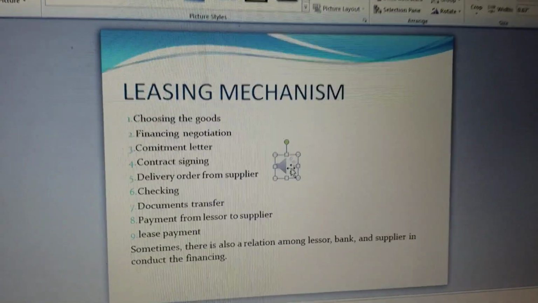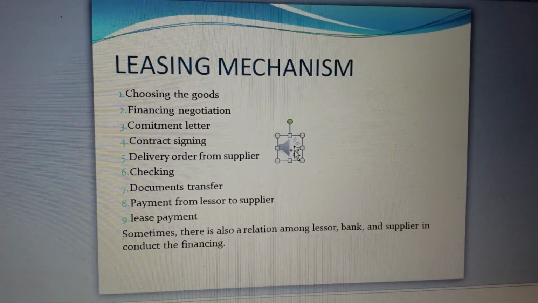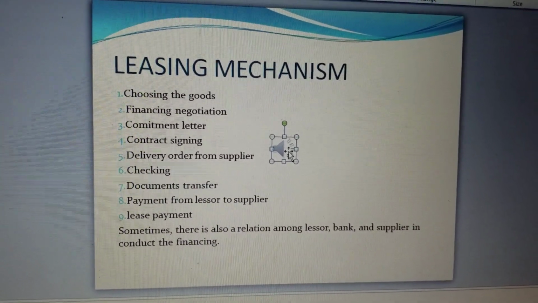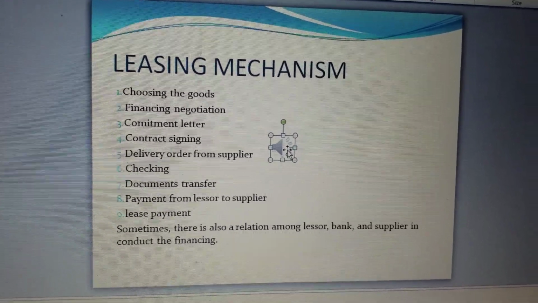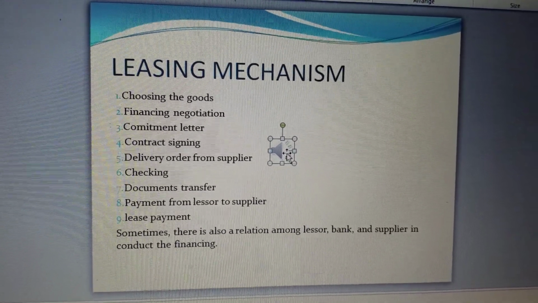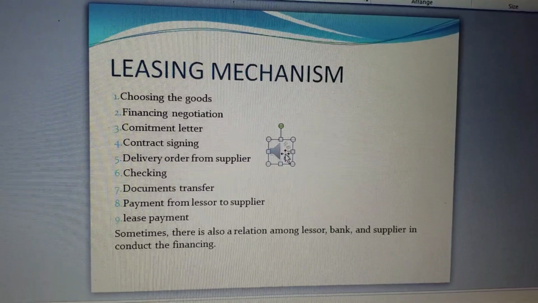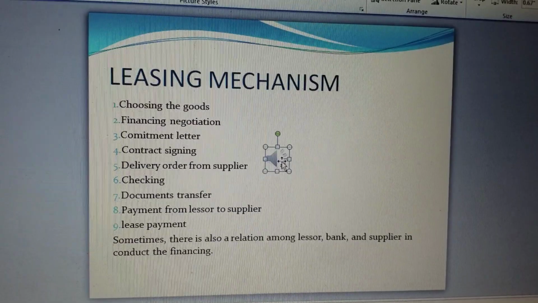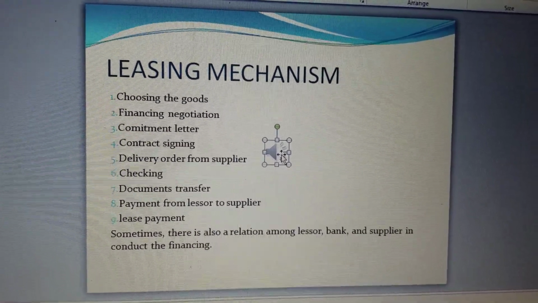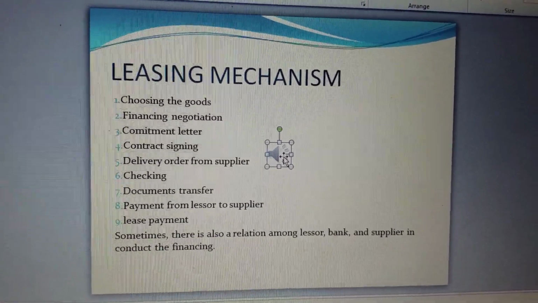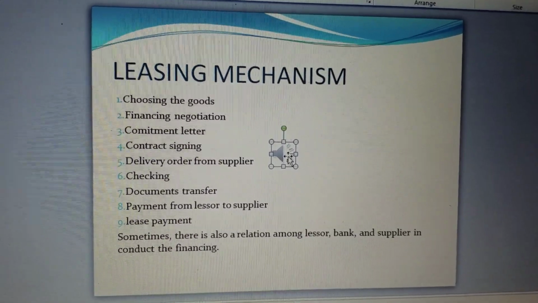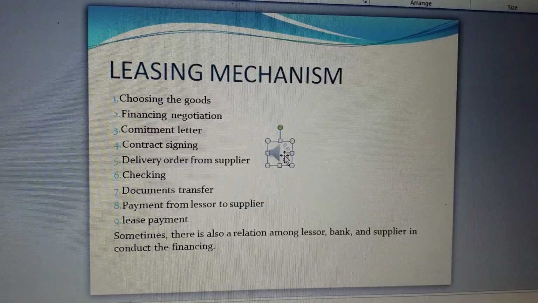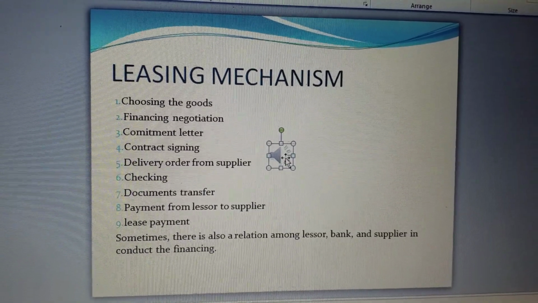So here the lessor makes a credit relationship with the bank to get some funds to buy the machine, for example. The lessor would pay some credit installment to the bank, and the bank will pay the money to the supplier. So that's the 9 mechanisms of leasing that you have to understand.